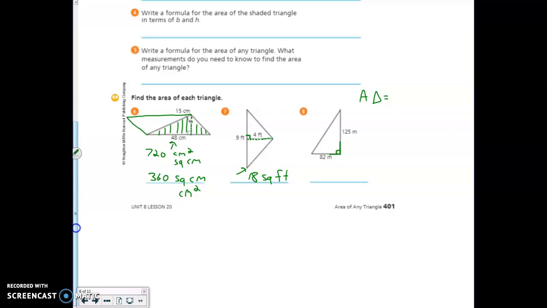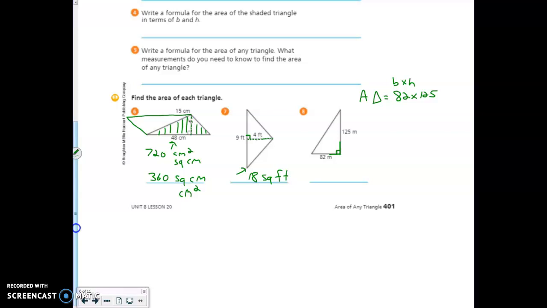And so we are looking again for the base, in this case, base of 82 times the height, which is a little different size here, of 125. So as we multiply that out, we should end up with something around the range of 10,250.